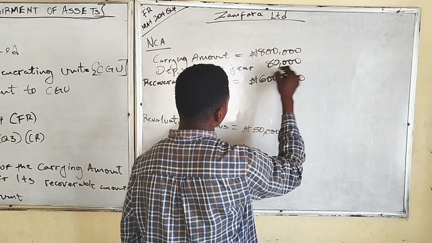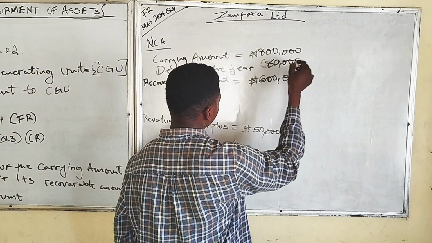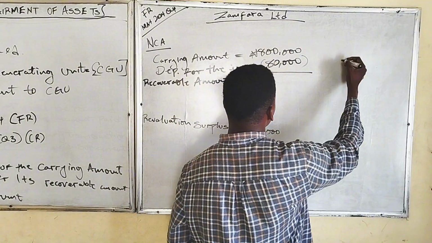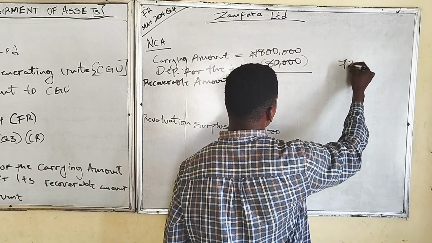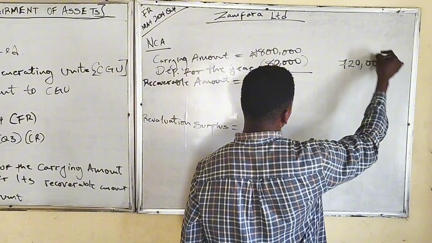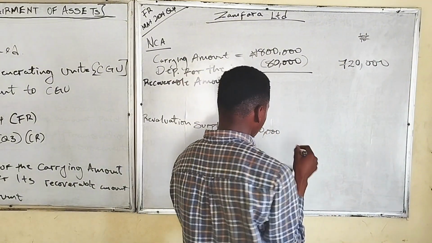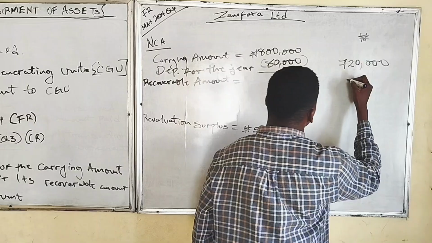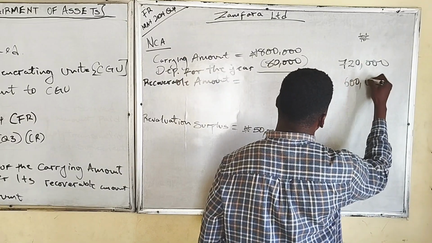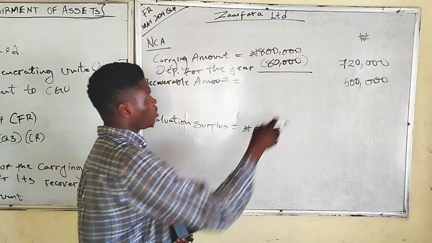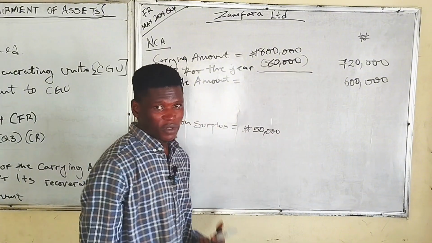So you can say that the carrying amount is now 720,000, while the recoverable amount, as stated in the question, is 600,000. So this becomes the carrying amount at the end of the period.